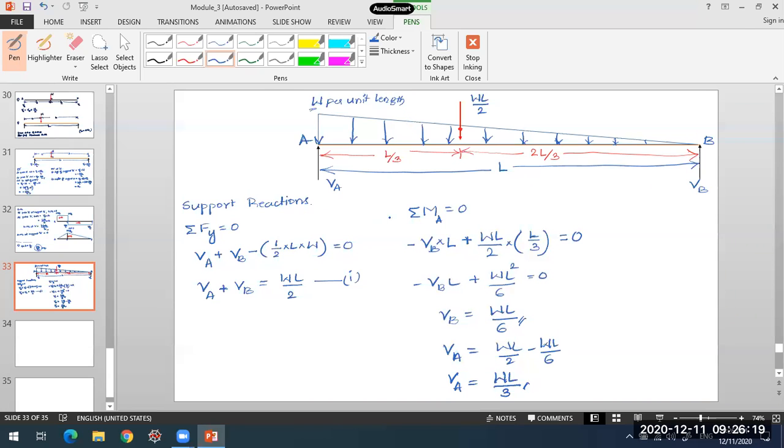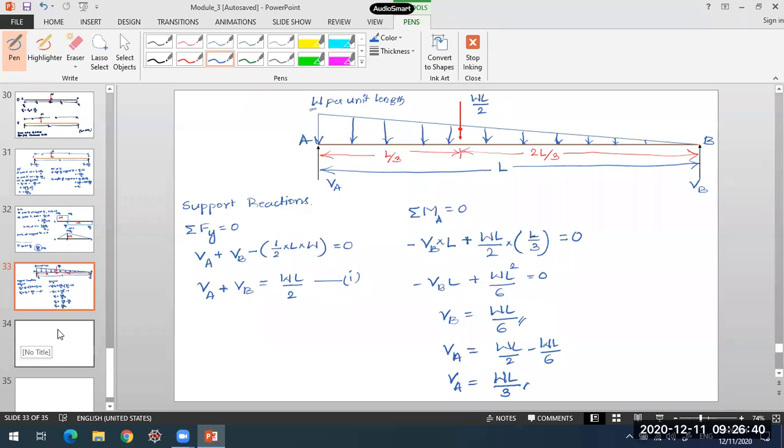Please tell me, will the calculation come out to these values or not? Or if you have any doubts, you can tell me. First thing is the reactions should be correct.